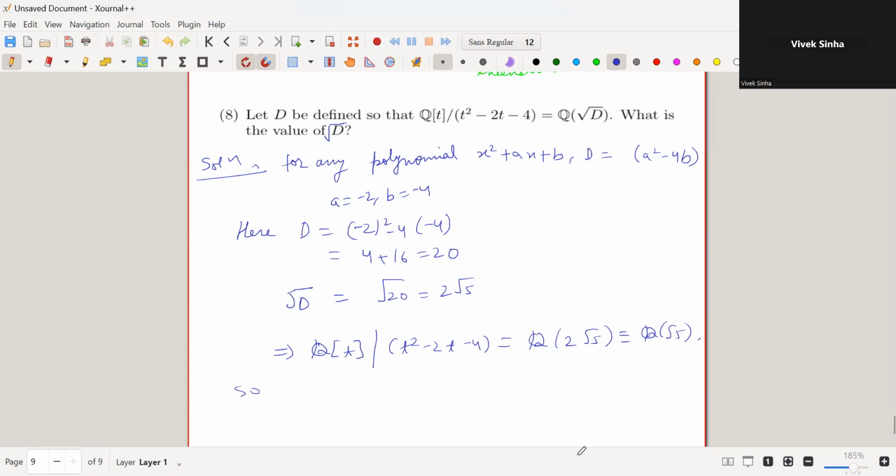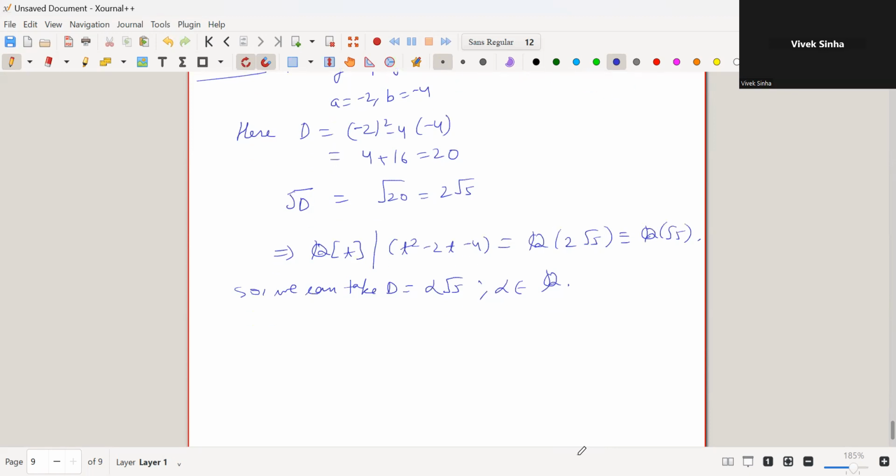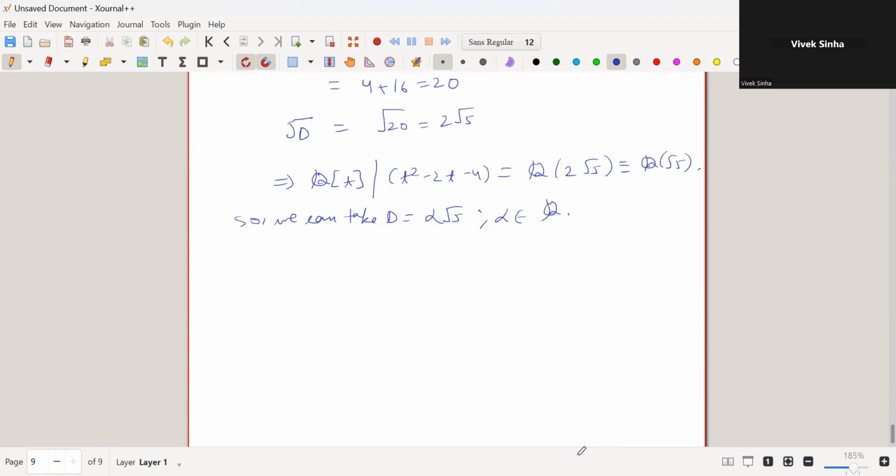So we can take d to be any alpha times root 5 such that alpha belongs to Q. Okay. So yeah, let's move to the next one.